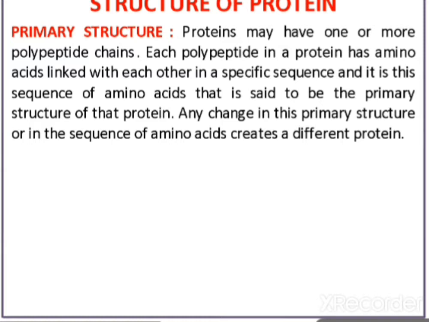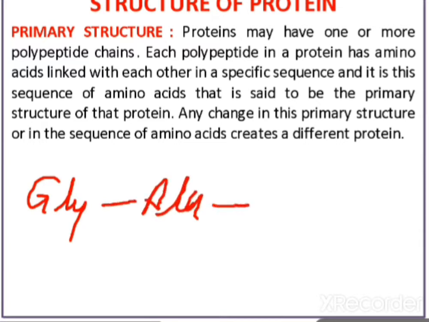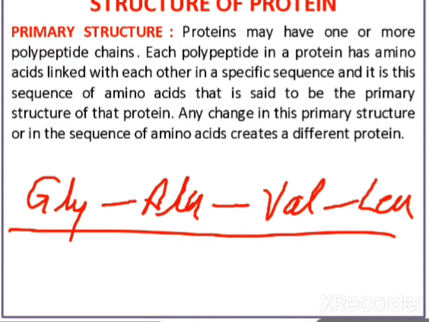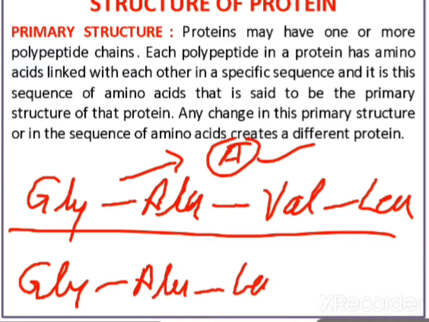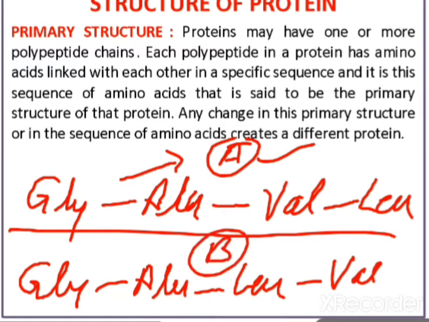For example, glycine. The symbol of glycine is GLY. After that ALA. After that VAL. After that LEU. So this is the fixed sequence. Suppose this gives rise to a protein which is A type of protein. If you change this sequence, glycine, then ALA, and just swap LEU and VAL, the type of protein will change.